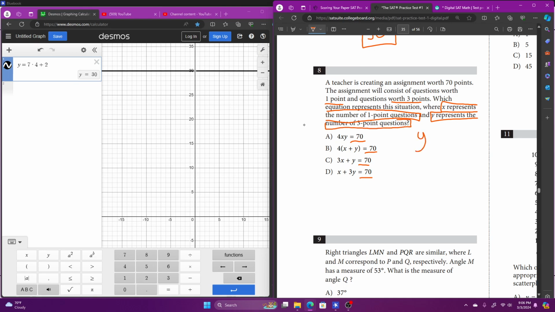So y is our 3 point questions, and 3 times the amount of questions, y. So the only one that's got that is D, and x is the 1 point questions. You've got your invisible 1 at the front of the x, so D is the correct answer.